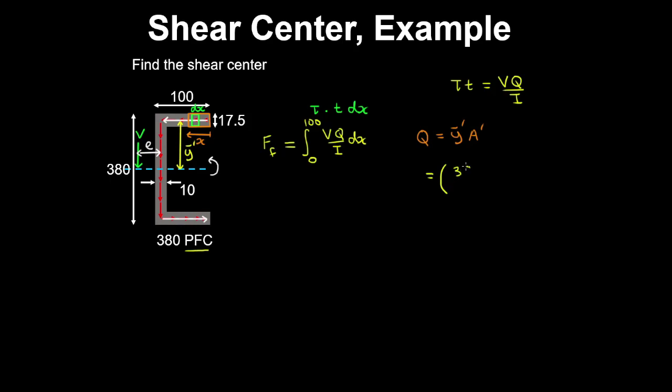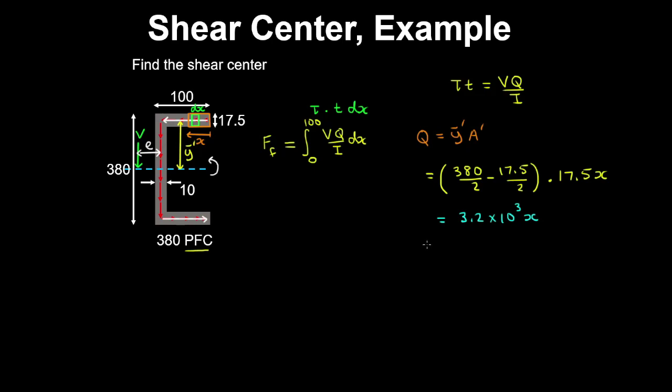So that will be the height of the section on 2, which is that distance, and then minus the thickness of the flange on 2. And that's multiplied by the area A dash, which is the thickness of the flange by x. So if you calculate this out, you'd get 3.2 by 10 to the 3 x.